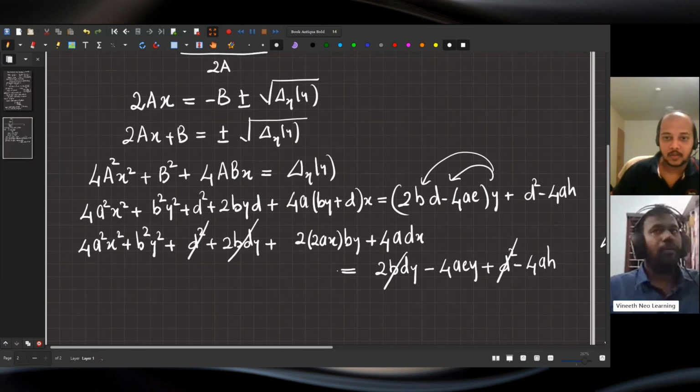Then we can write 4a squared x squared as 2ax whole squared, plus by whole squared.